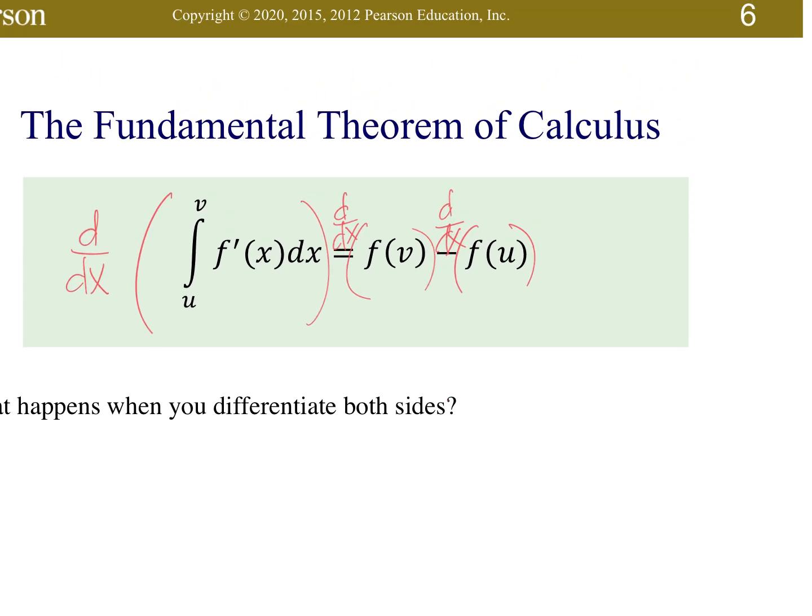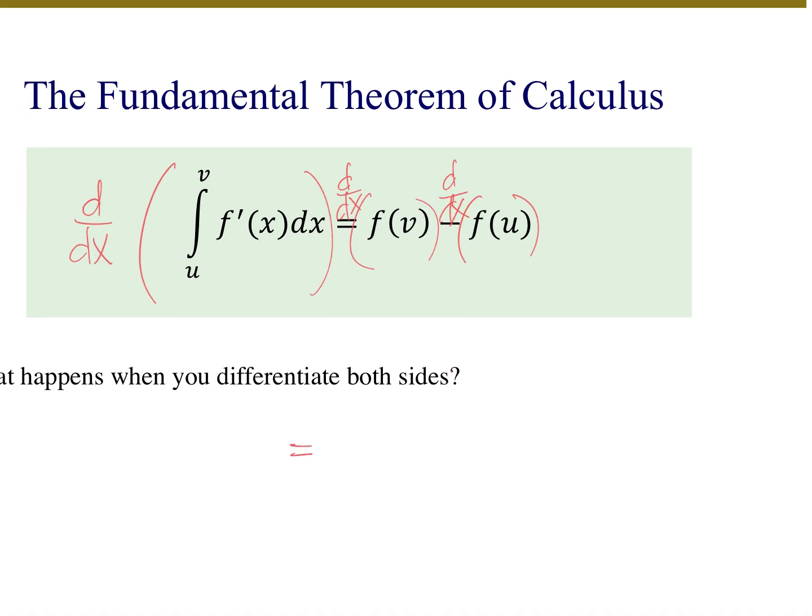Let's start with lowercase f of v. What is the derivative of lowercase f of v? F prime of v times chain rule. Very good, because now you're taking the derivative, which means, so the chain rule's applied to what, Allie? The v. The v.